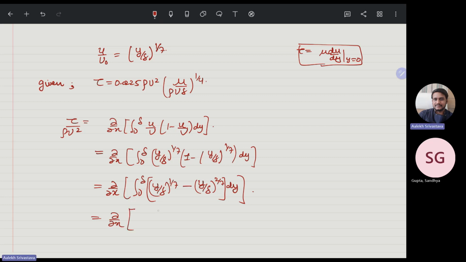If I integrate the first term, it will be y raised to the power 1 by 7 plus 1 by delta into 1 by 7 plus 1, from 0 to delta, minus similarly y raised to the power 2 by 7 plus 1 by 2 by 7 plus 1 into delta, from 0 to delta.